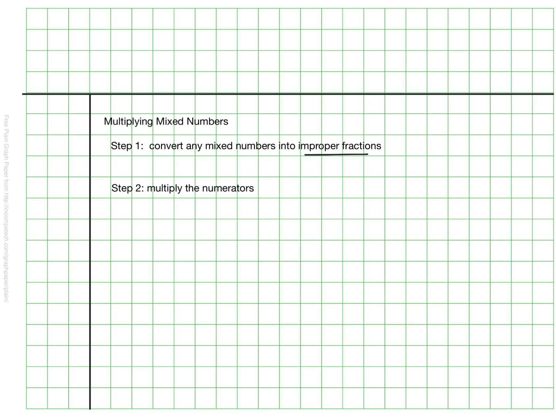Once we have that, we'll have 2 numerators that we can just multiply like we've done before. So step 2 is just to multiply the numerators. And you might be able to guess step 3, which would of course be to multiply the denominators like we've done before. And that leaves us with our final step, which is, as always, simplify the fraction if it can be simplified, if needed.